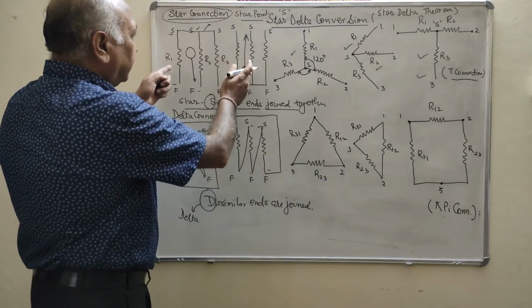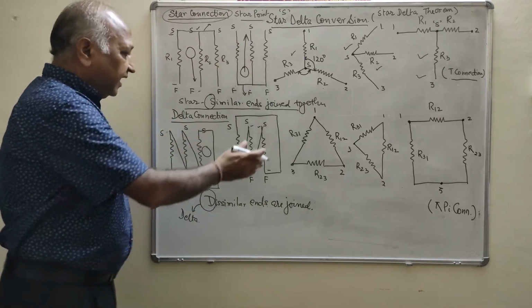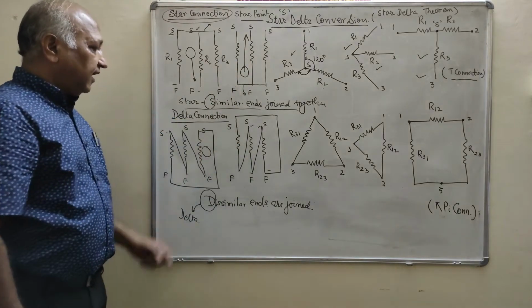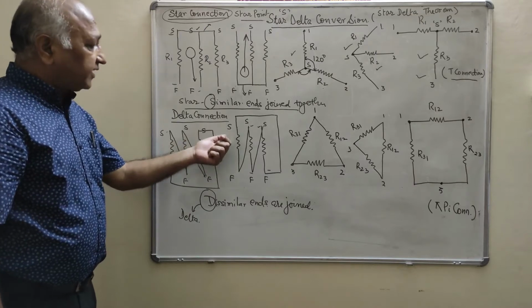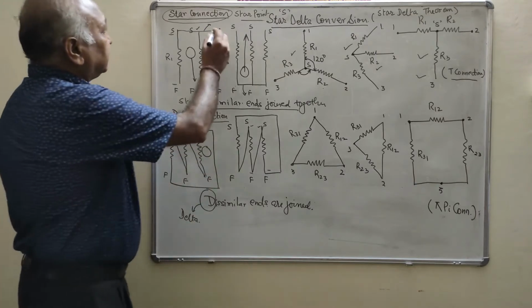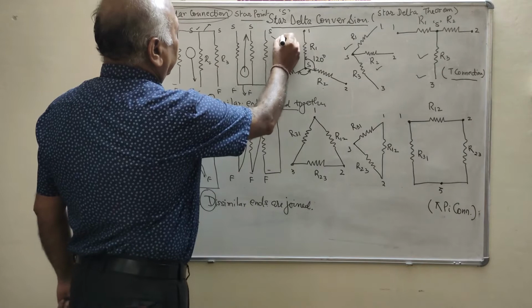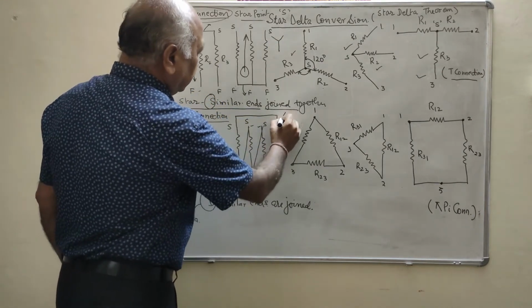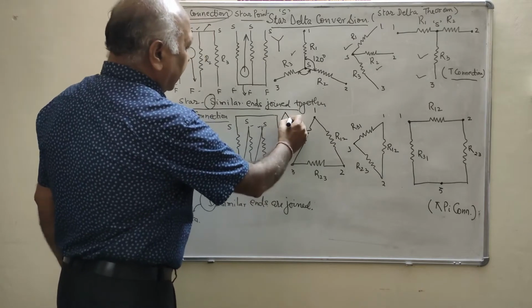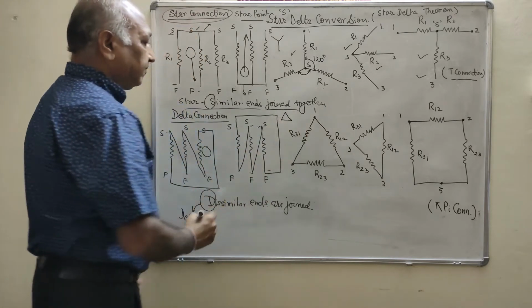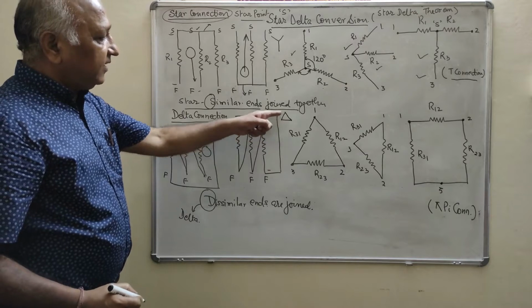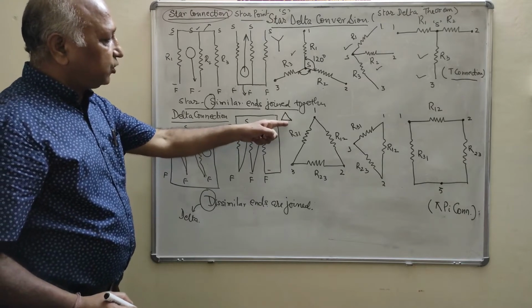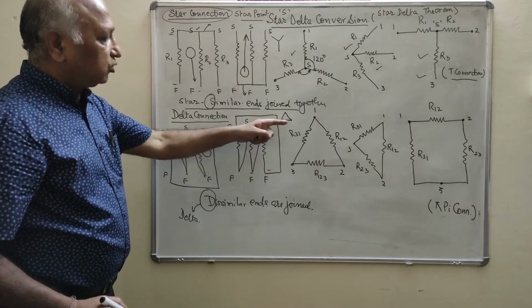The star connection is the open connection, and the delta connection is the closed connection. The star connection is also known as the Y connection, and the delta connection is given by this triangle. It shows that it is a closed path.